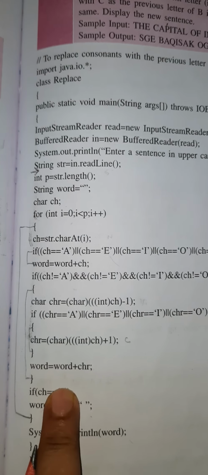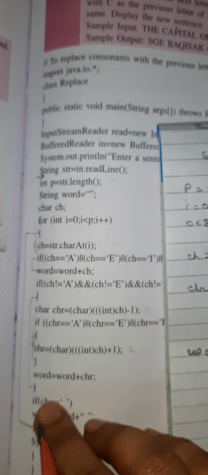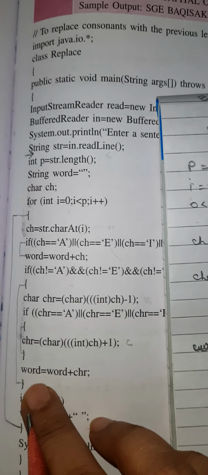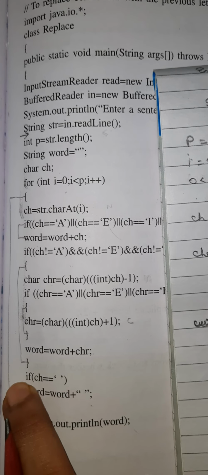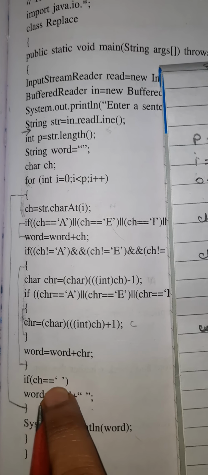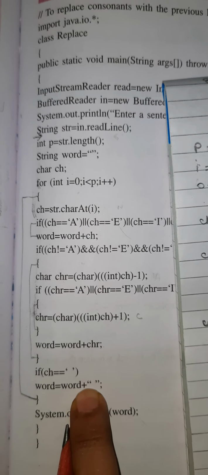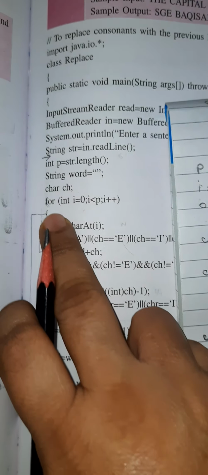In the word it is written word plus character, so it will write word as a space, then M, my character chr, so it is M. Then again it is checking if it is a space. No, it is not a space, it is N, so it will not come to this part. Again it is going to move on.